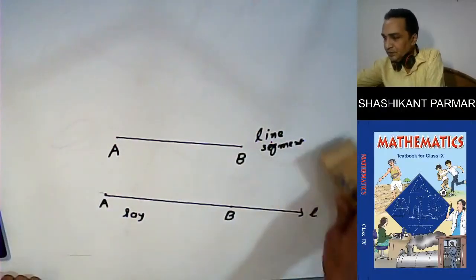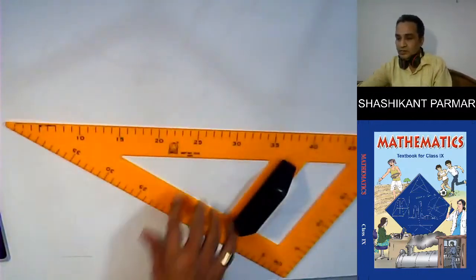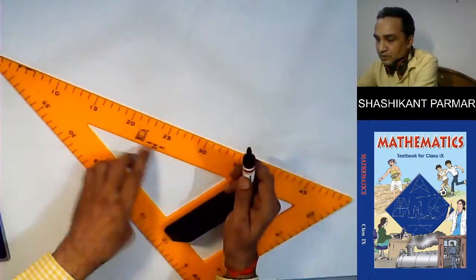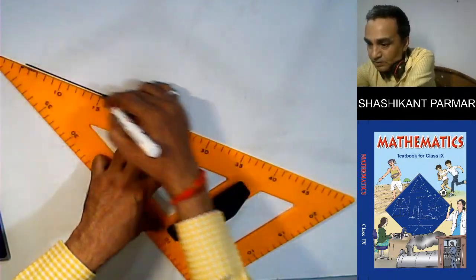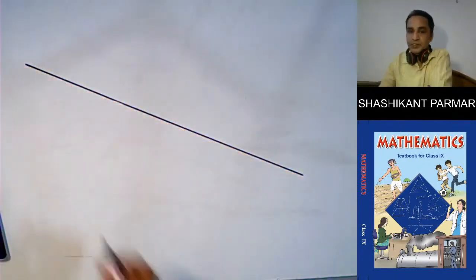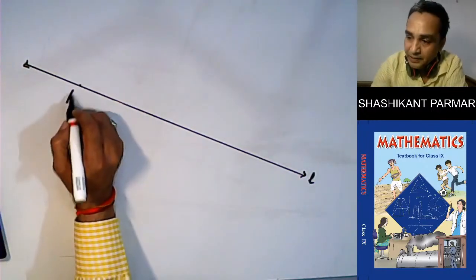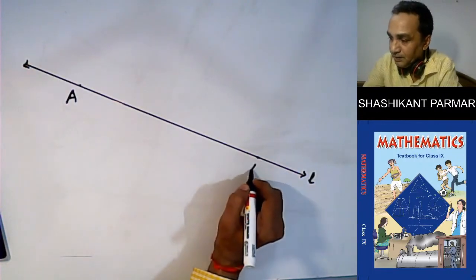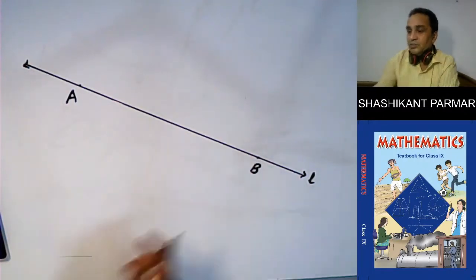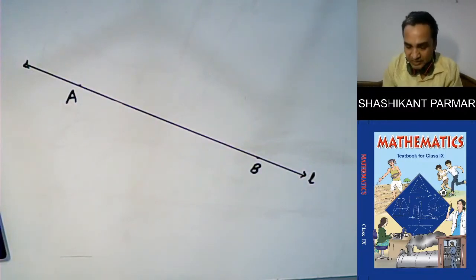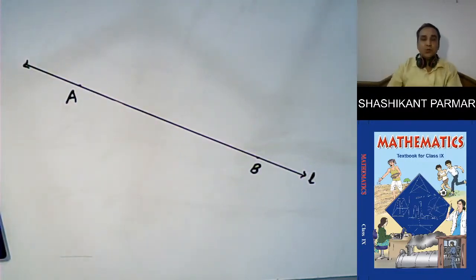See here, this is line l and A, B. So, no question for AB whether it is collinear or non-collinear, because at least 2 points are required to draw a line. We have already studied this in our chapter number 5.